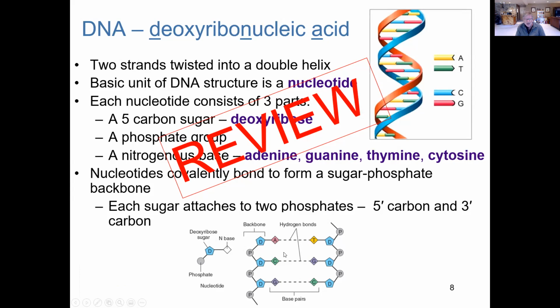Note that we have the base adenine opposite thymine and the base cytosine opposite guanine. We're giving these bases abbreviations, and you just simply need to remember that if you have an adenine on one side of the double helix, you have the thymine bonded to it via a hydrogen bond on the opposite half of the double helix.